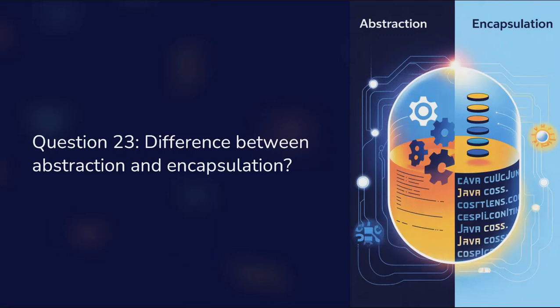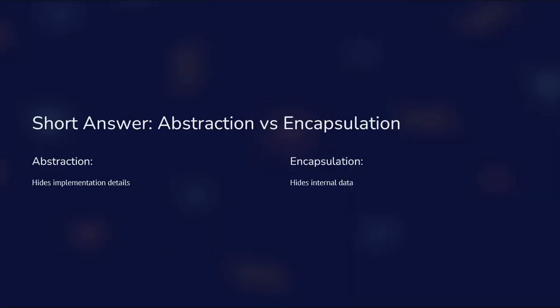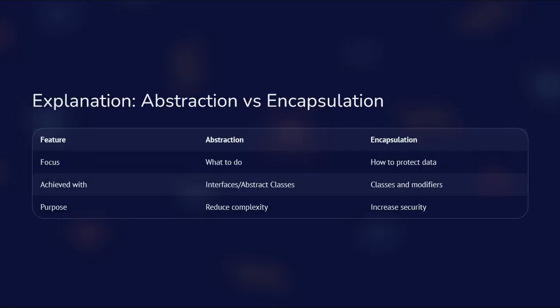Difference between abstraction and encapsulation. So abstraction hides implementation details while encapsulation hides internal data. Let's mainly check the focus. In abstraction, it focuses on what to do, while in encapsulation, on how to protect data. Achieved with, in abstraction, interfaces and abstract classes, while in encapsulation, classes and access modifiers.